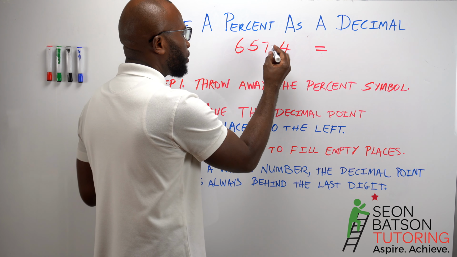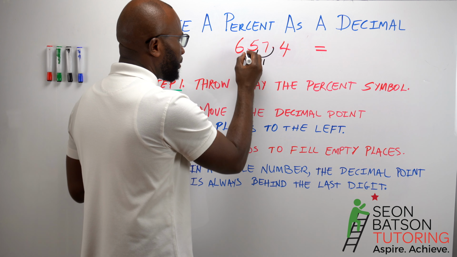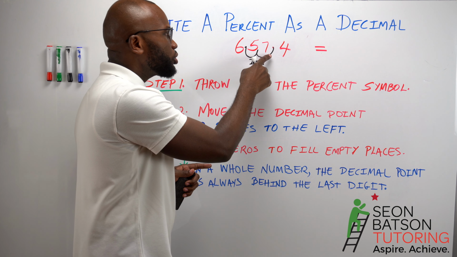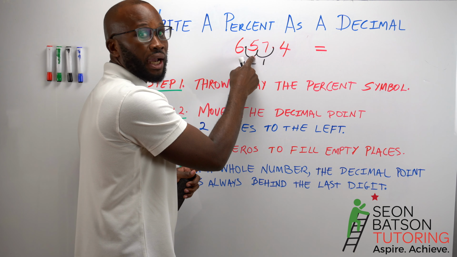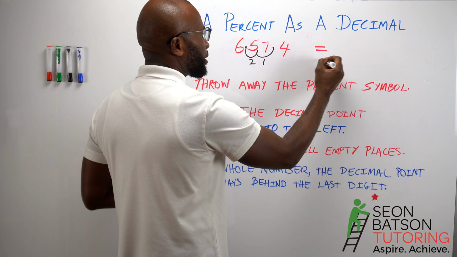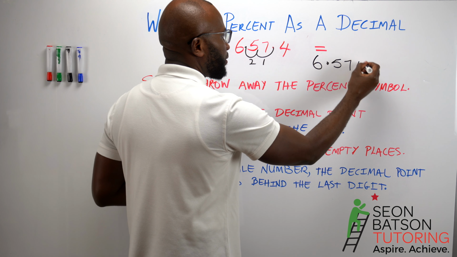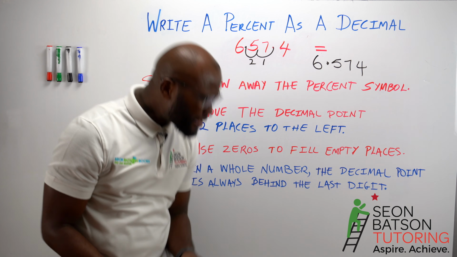So we'll go 1 time, 2 times. After moving the decimal point 2 places to the left, the point is now between the 6 and the 5. So our answer will be 6.574.